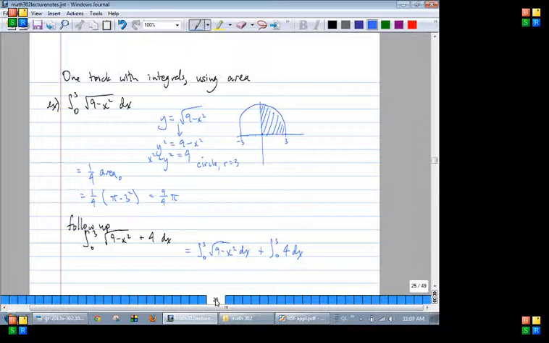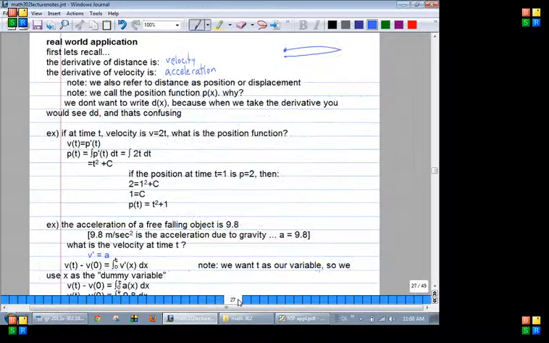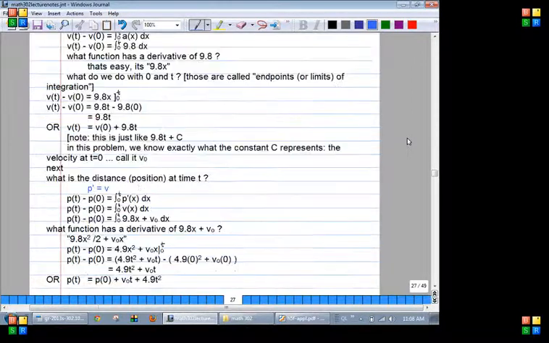We talked about this in the context of motion. If you have position, the derivative of position is velocity. We also know one more fun thing, the derivative of velocity is acceleration.